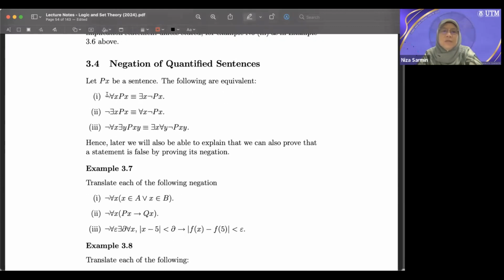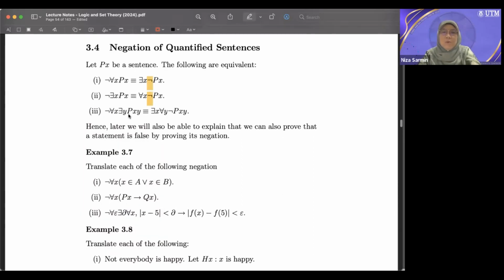Okay, if you have negation of for all, you get there exists. But the not continues here, yeah? Don't forget this one. Sometimes students forget this part. And if there's no there exists, it becomes for all, and then still you bring this one over here.